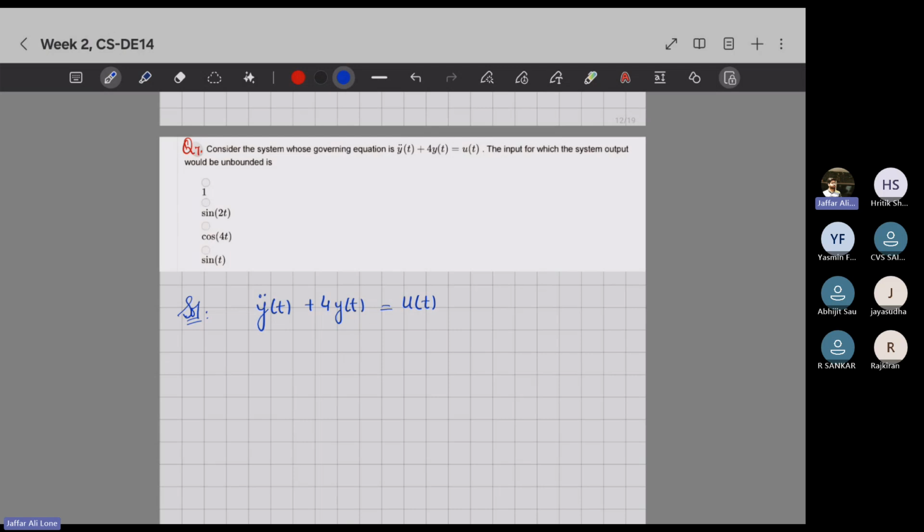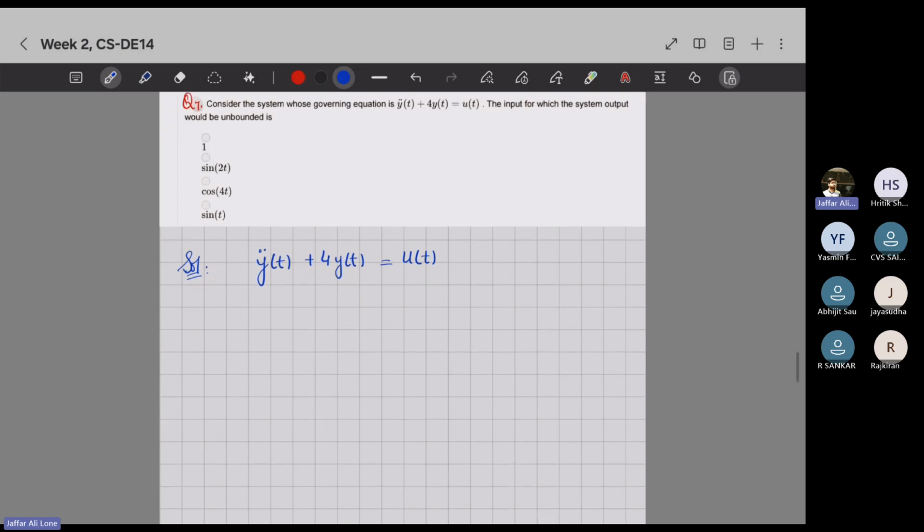When we talk of transfer functions, we don't talk of initial conditions. So the Laplace transform will be s squared Y(s) plus 4 Y(s) equal to U(s). U(s) is the input, right? Don't confuse it with the step input.